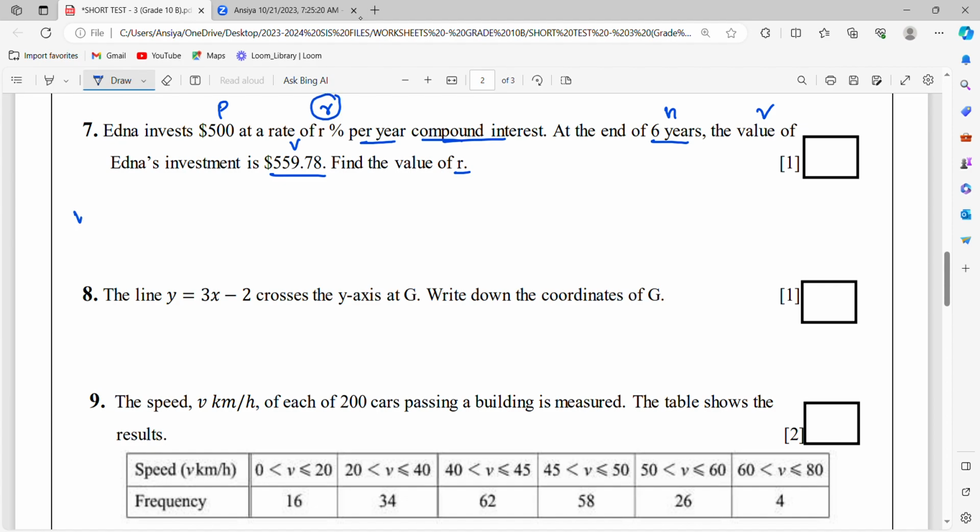So we'll write the formula V equals P times (1 plus R over 100) power n. So 559.78 equals 500 times bracket 1 plus R by 100, power 6.